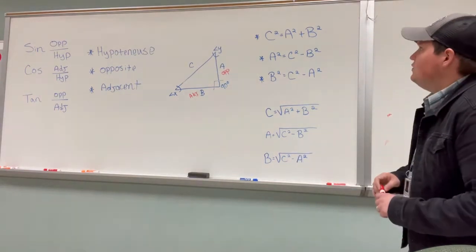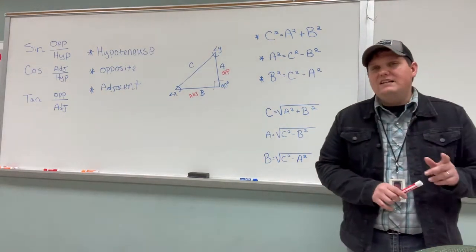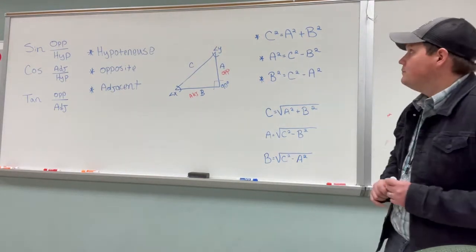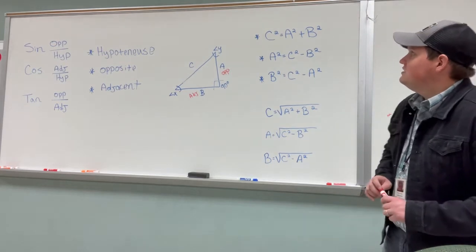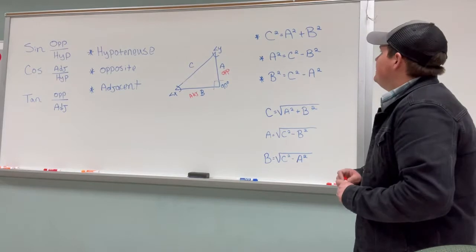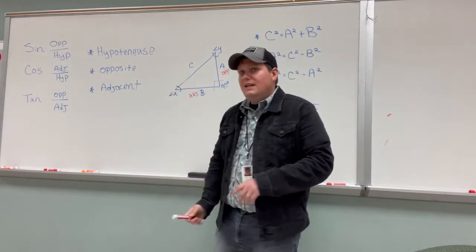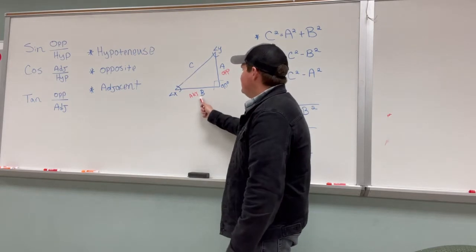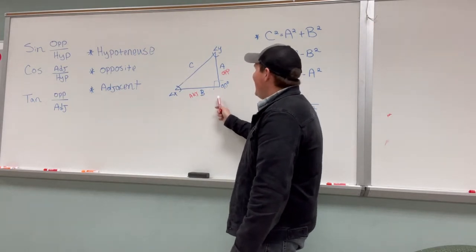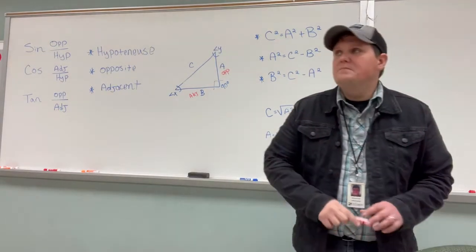The Pythagorean Theorem states that c squared is equal to a squared plus b squared. So that is saying that the hypotenuse squared is going to be equal to the opposite side squared added to the adjacent side squared. Okay?